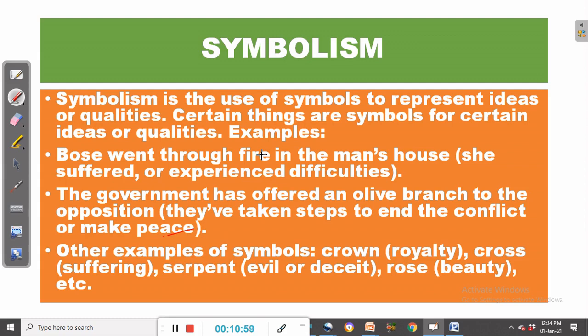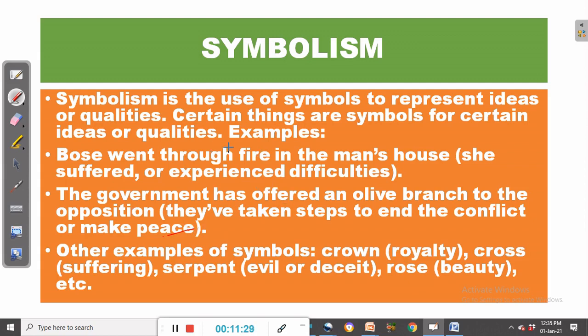This symbol is derived from wars that happened in the olden days when a particular side of the war, attempting to sue for peace, raised an olive branch, and when the other people saw it, they knew that these people had surrendered and they wanted to make peace.